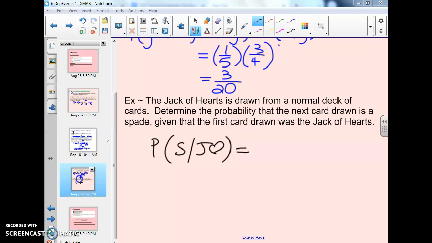We've already taken the Jack of Hearts out, so that one is gone. We have 13 spades in the deck. And to choose from, because we've already taken out the Jack of Hearts, we now only have 51 cards to choose from. Okay, so this is coming up with your conditional probability based on the fact that we already know that this card has come out of the deck.